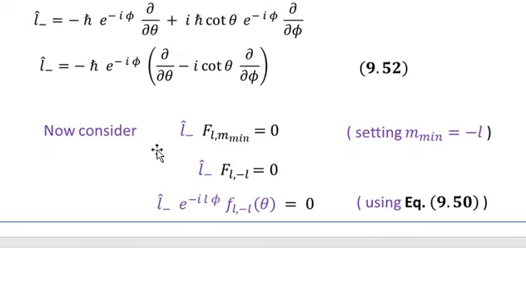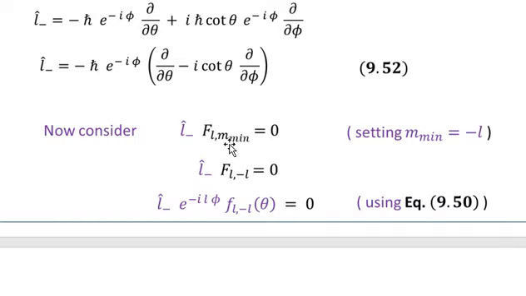Now consider L minus. When L minus operates on f L m minimum, it will produce a zero state because this is the minimum state. I have already discussed that.